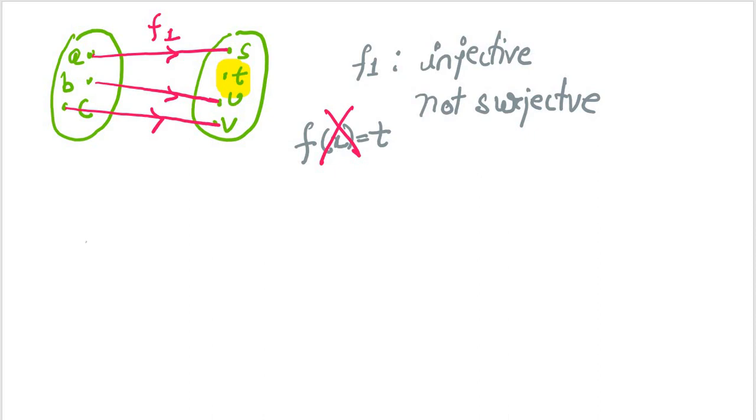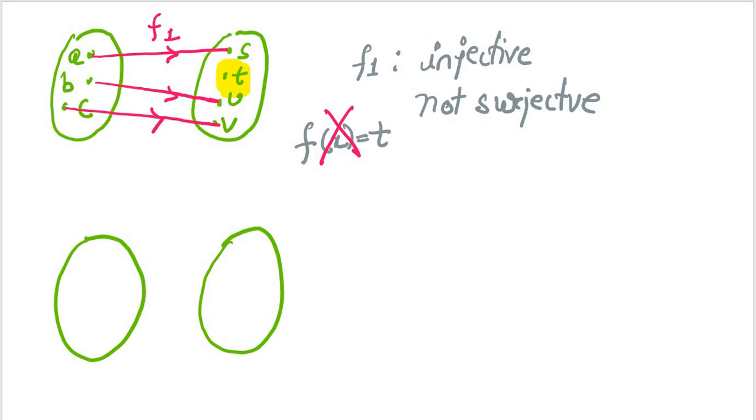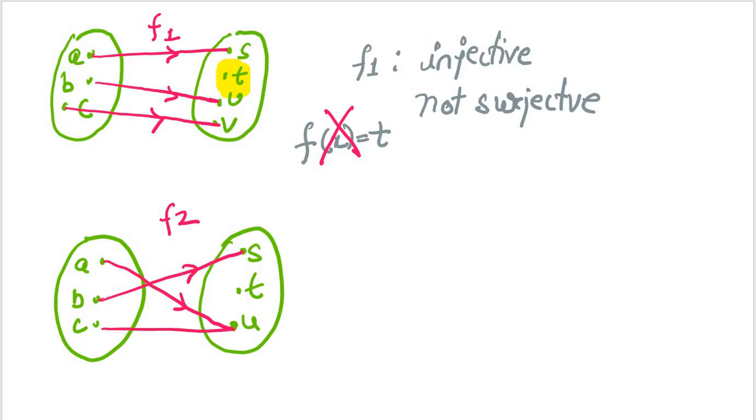Let's take another example. Let me draw it a bit bigger. So let's say I have A, B, C. I'm taking some random examples. S, let me draw T, and U only. And this time I have a function f2. Let A be mapped to U, and B be mapped to S, and C to U once again.